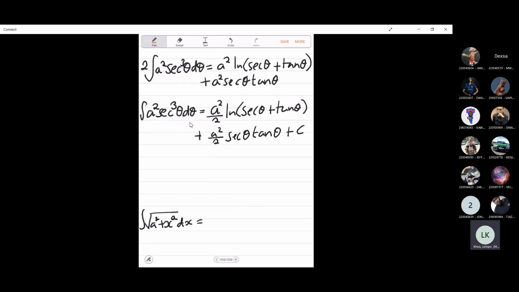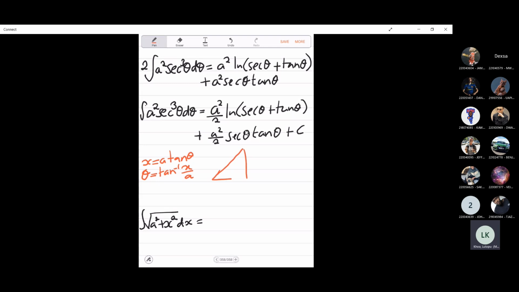So we said that x is equal to a tan theta. This means that theta is tan inverse of x over a, and we need sec theta. So to get sec theta, we draw our triangle.